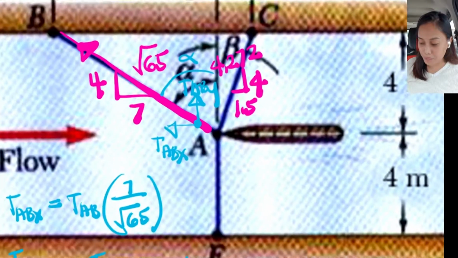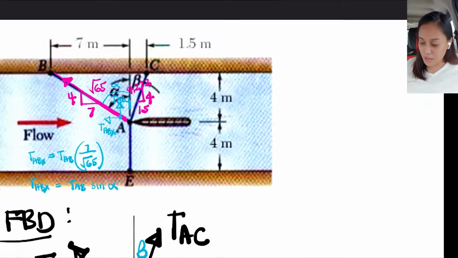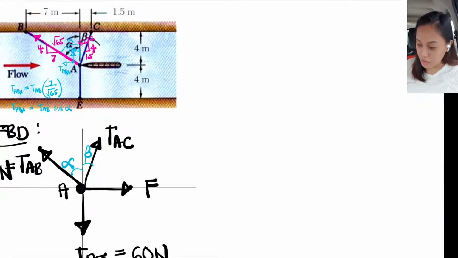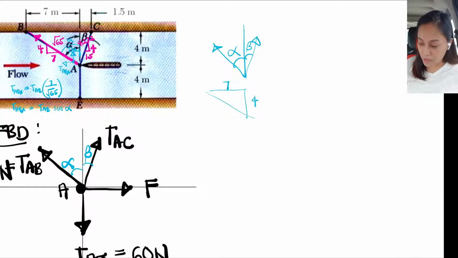From the figure, let me separate this. First is alpha, then beta. For alpha, as a triangle, this is 4, 7, alpha, and this is the square root of 65.